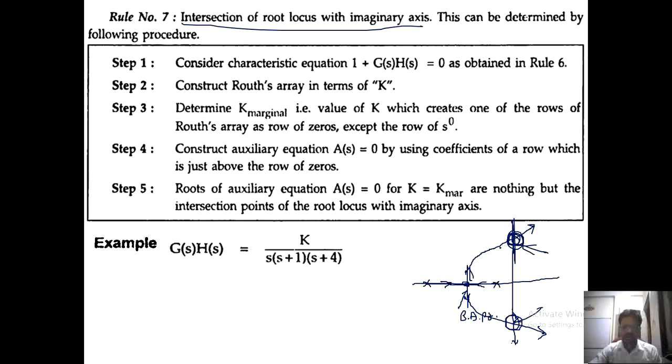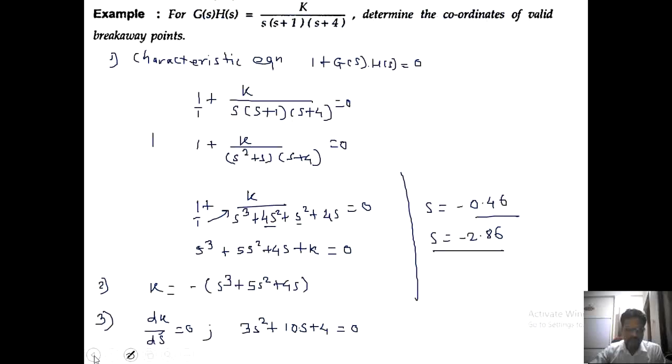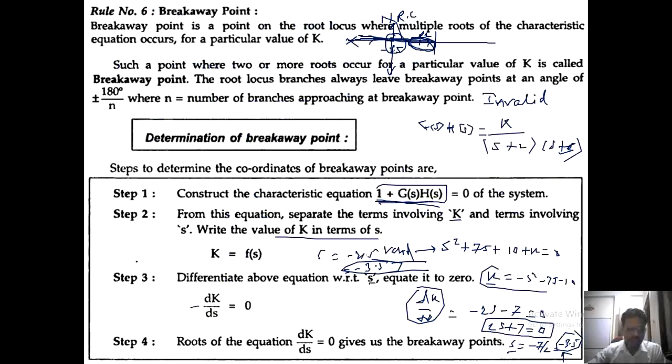So let us discuss what the procedure is. Step number 1, consider the characteristic equation. You will get this as a ready step because you have gone through rule number 6, calculation of breakaway point. So here you will get a ready-made characteristic equation.